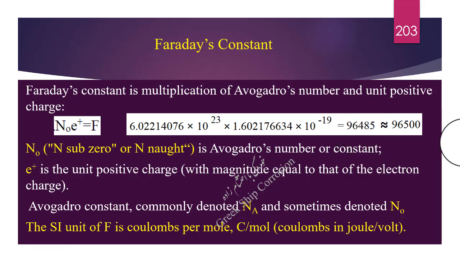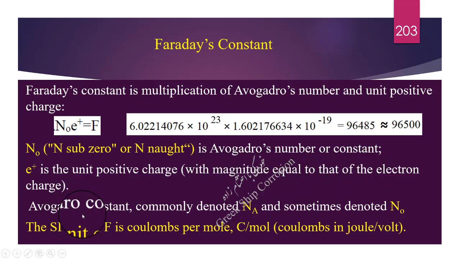That is almost equal to 96,500. N0 is Avogadro's number or constant. E+ is the unit positive charge with magnitude equal to that of the electron charge.